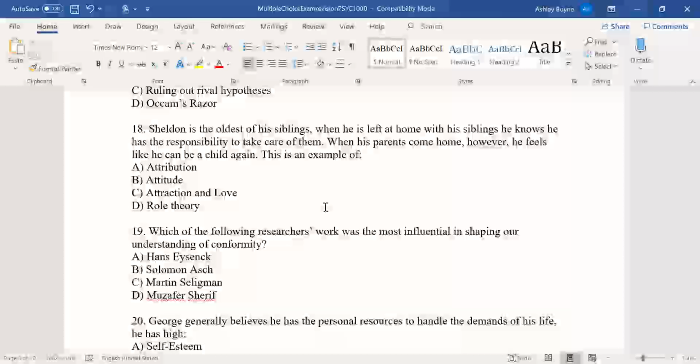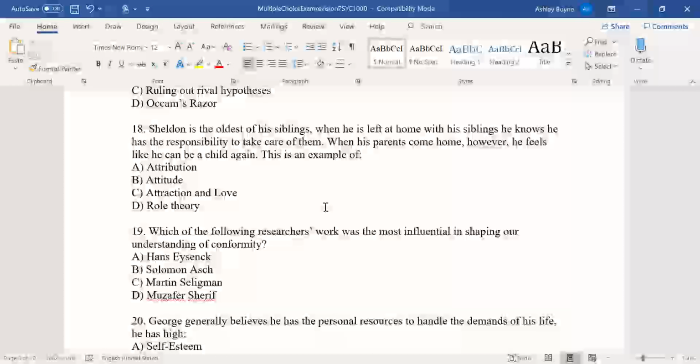D. Okay, yes, you all are right. The answer is D. One's perception of the world is influenced by what they have to do with the situation.